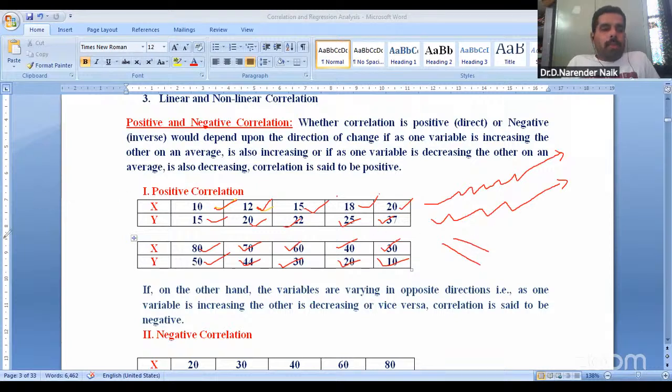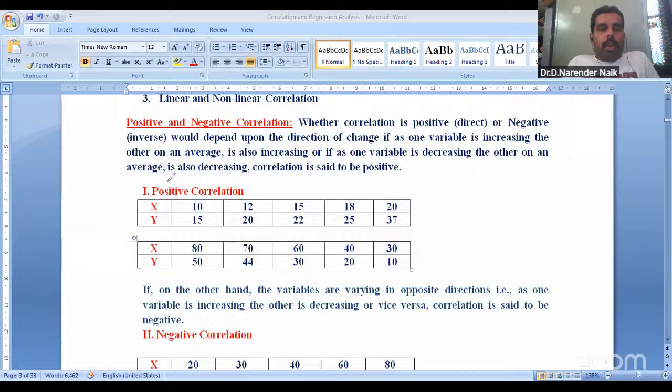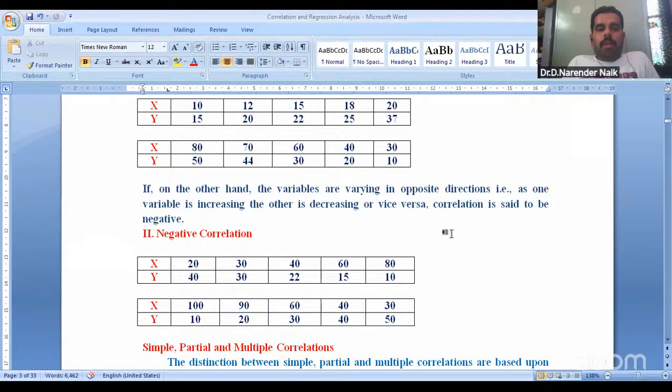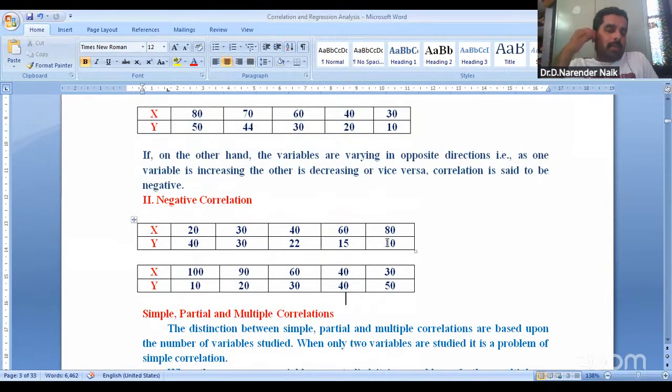Okay, so the next one is negative correlation. In negative correlation, what happens here? The X variable is increasing, but the Y variable is decreasing. And the X variable is decreasing, the Y variable increases. So you see this example. Observe the table carefully. 20, 30, 40, 60, 80.